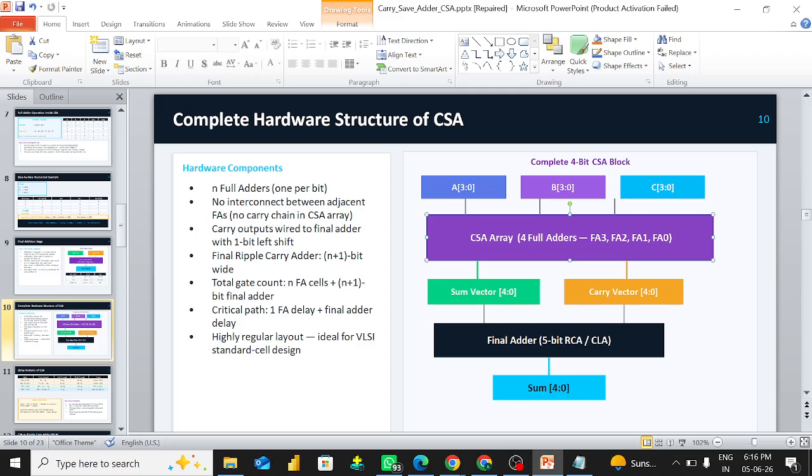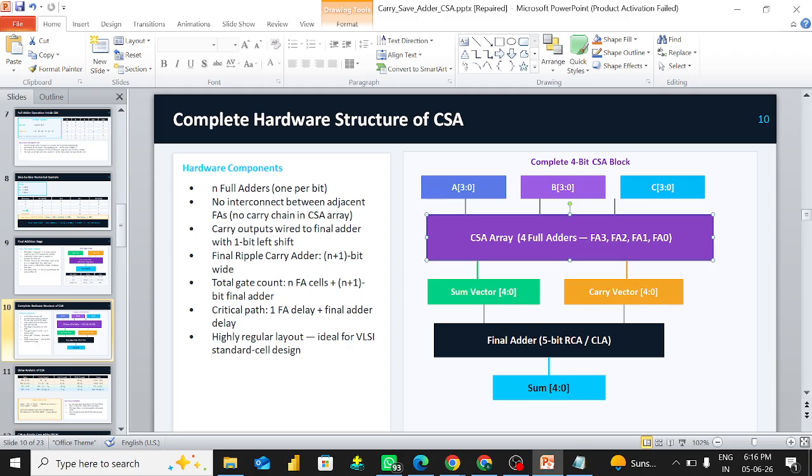So what is happening here? Like I said, inside RCA and other adders, there will be carry propagation delay, right? Inside CSA we also have that delay, but compared to other adders, the delay will be less.